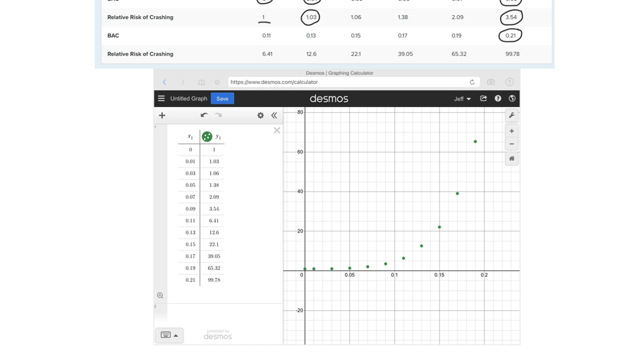Like I don't know how high a blood alcohol consumption could be, like 0.5. Would the model still work if your blood alcohol level was that high? I'm not sure. And it depends on each situation. But for this data that we have, it certainly looks like an exponential function.